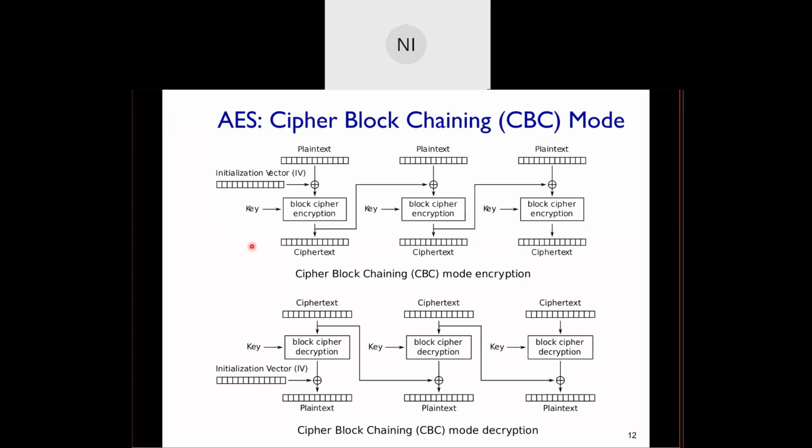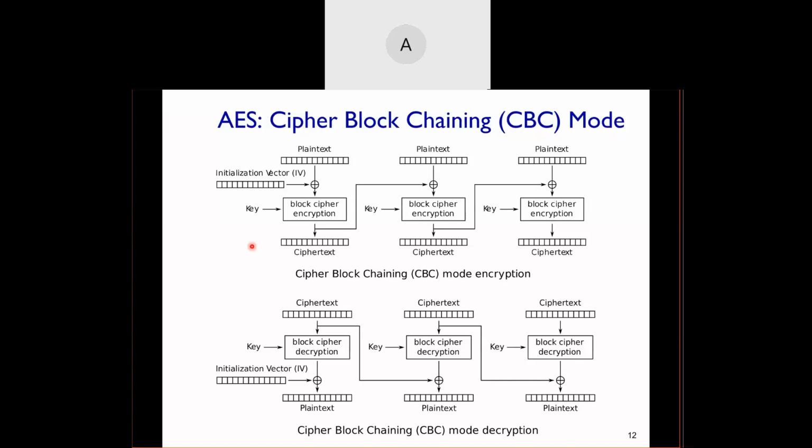It is something that Alice has to generate and pass on to Bob. The way Alice is sending the key, Alice can also send the initialization vector using the Diffie-Hellman key exchange algorithm or using public key cryptography. So they can pass on both of these so that Bob can decrypt the messages.